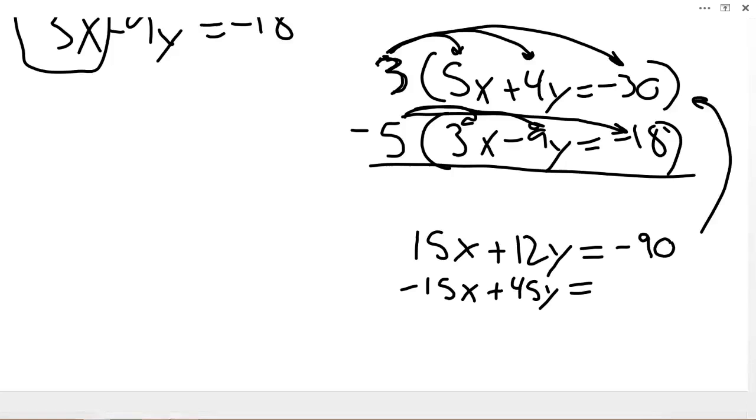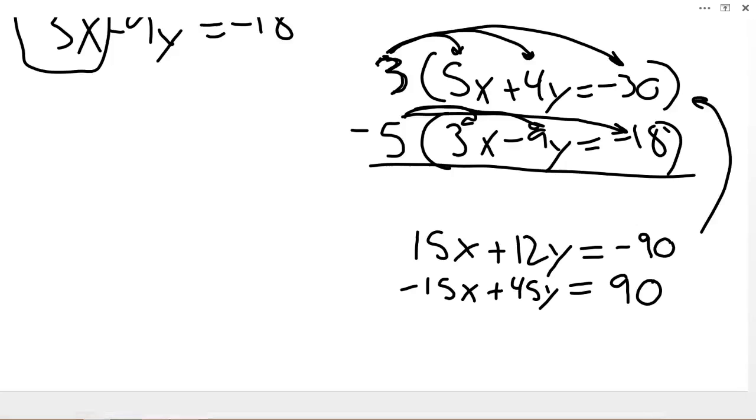Okay, I'm just going to use my calculator. Negative 5 times negative 18, we get 90. Was it 90? Oh man, apparently we get 90.